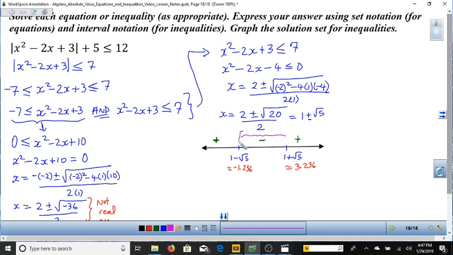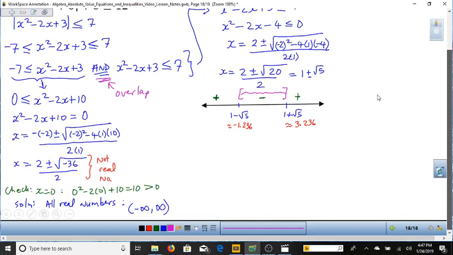Now to the more complicated part. These two solutions must satisfy the condition of an and, which means they must overlap. So what I'm going to do then, I'm going to put both inequalities together on the same number line and see where the two regions overlap.